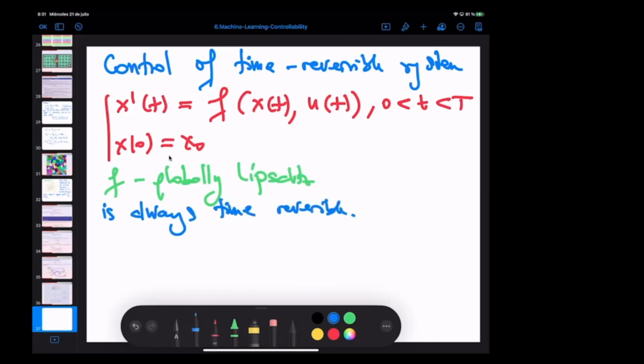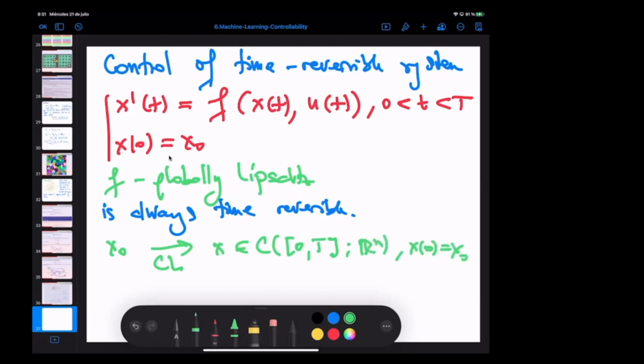What does it mean? Well, it means simply that if you give me the initial datum x0, I apply Cauchy-Lipschitz, and I will get a trajectory which is continuous in time with values in Rn, taking the initial datum x0.